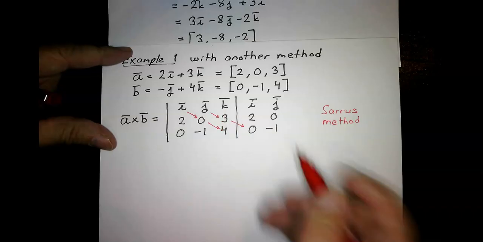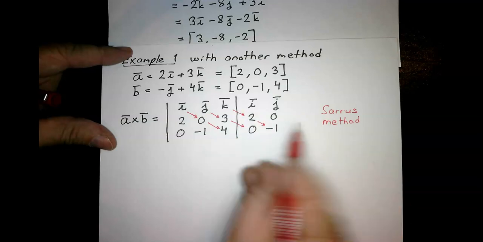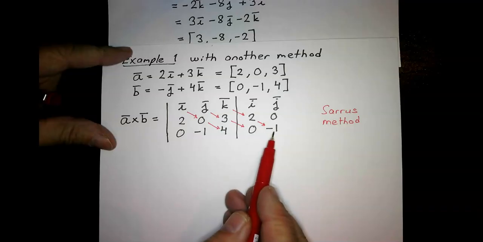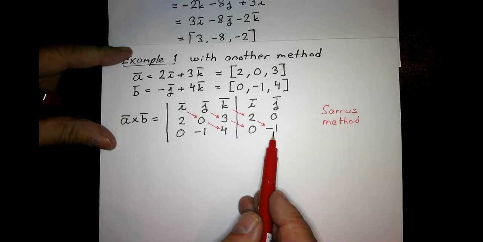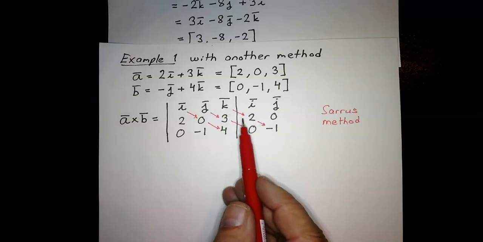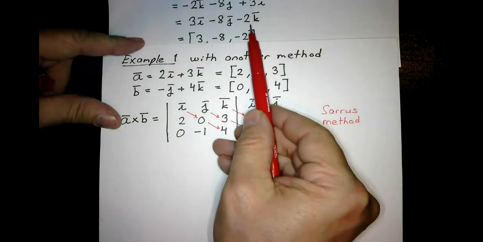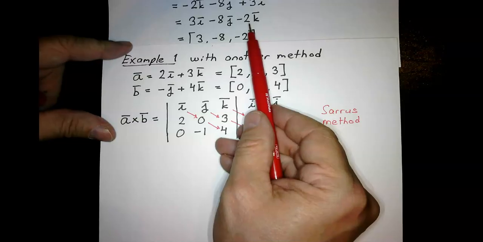But the third multiplication will give us something different from 0, because there are no zeros in that. And we can see that this will give us minus 2 times k, or minus 2k. And as we see here in the answer, there actually is that kind of part in the answer.